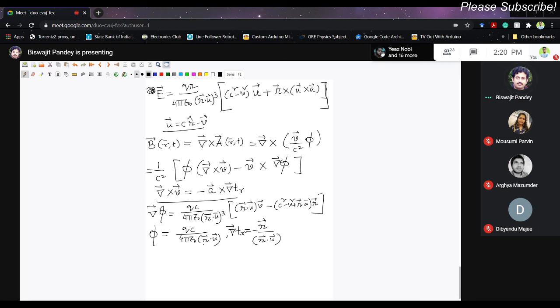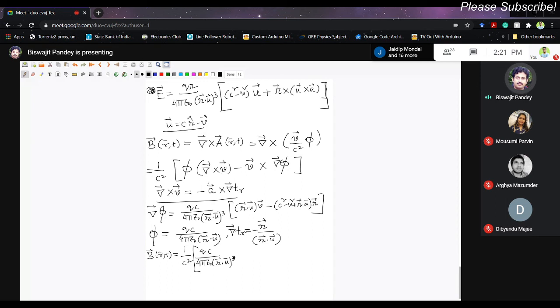Let us do that. So magnetic field B at retarded time will then be 1 over C square, and then what we have is QC by 4 pi epsilon 0 R dot U. I'm not skipping any steps. No, not whole cube. This is basically phi, so there is no cube here. QC by this into curl of V. What is curl of V?